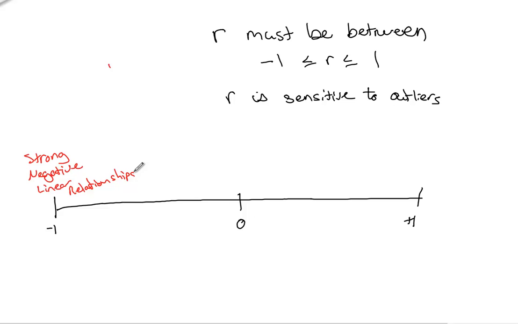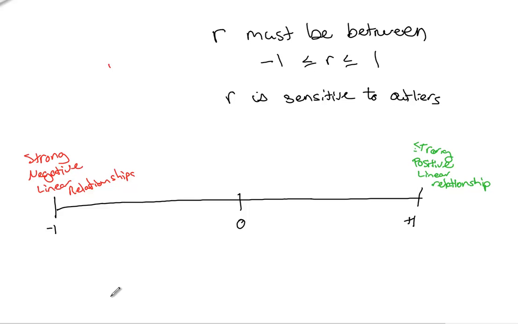So the closer to a negative one it is, the stronger negative relationship it is. The same thing happens on the positive one side. It is a strong positive linear relationship. And remember, it's linear because we're looking for that straight line. Okay?